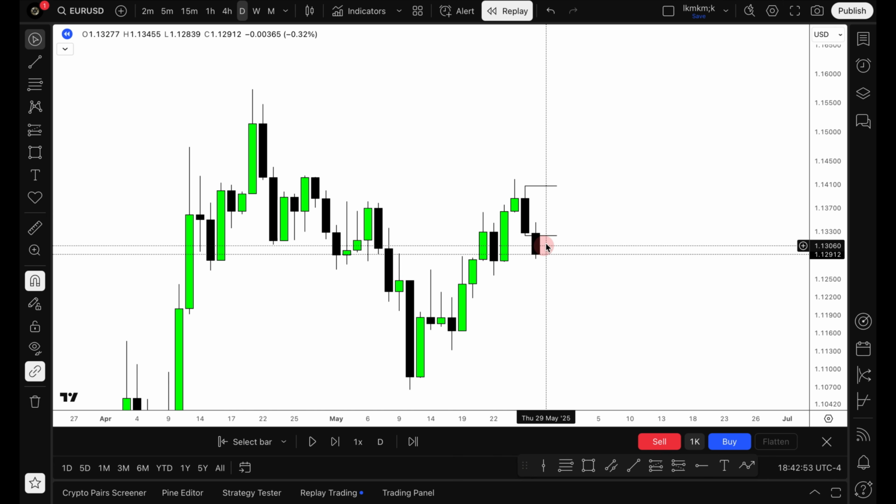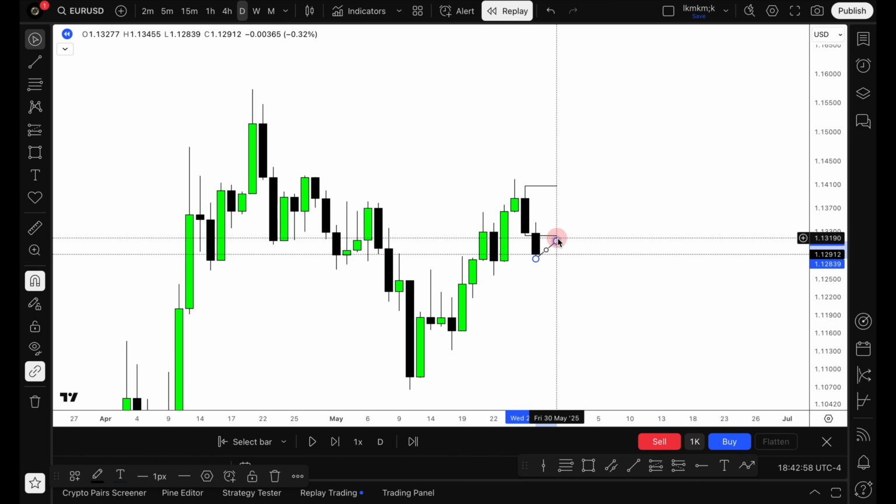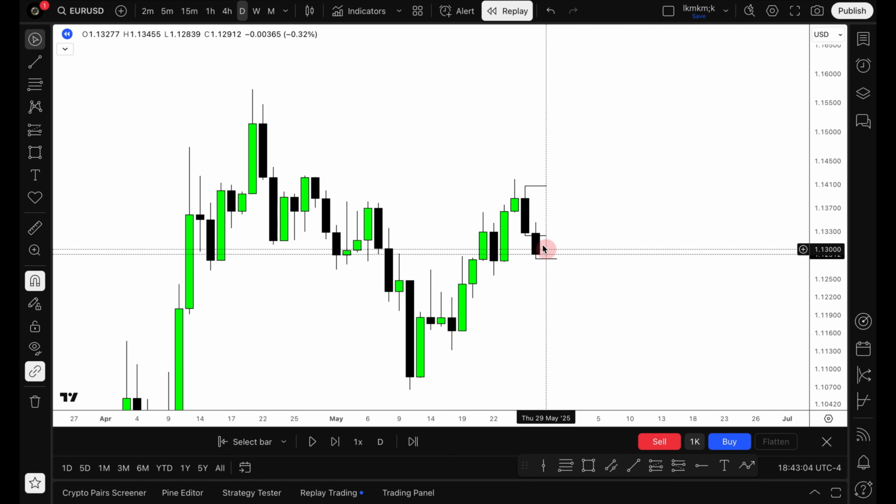And then on this candle, as you can see, so we mark out that candle's high and that candle's low. So where would you expect price to run first? The low or the high?